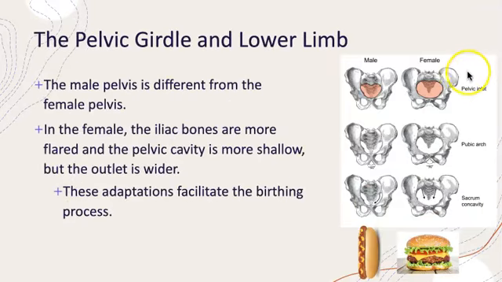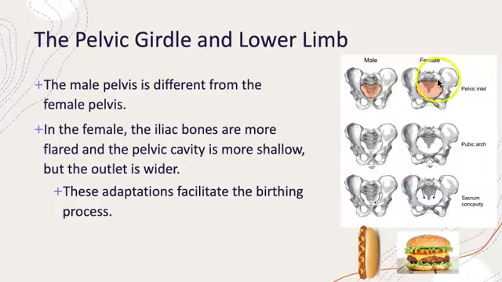And as I mentioned, the male and female pelvis are going to differ. So here you are going to see that the male pelvis is going to be more narrow. The female pelvis is wider, and that's partly because the iliac bones are more flared, whereas here in the male they are more shallow.